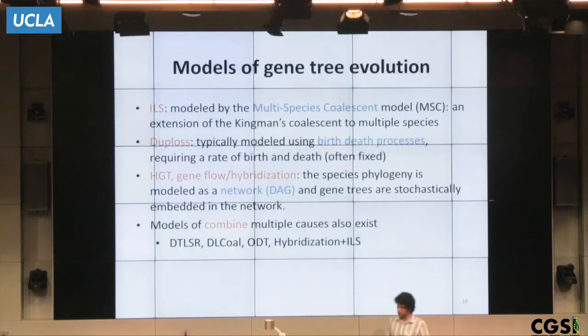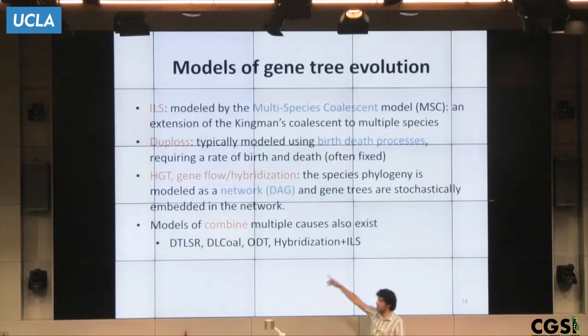There are, like I said, various models. I'm going to go a little bit faster. There are various models of gene evolution. For ILS, we have the multi-species coalescent model. For duplication and loss, we have these birth-death models where birth corresponds to duplication and death corresponds to loss. For horizontal gene transfer and hybridization, we have these network DAG-based models.